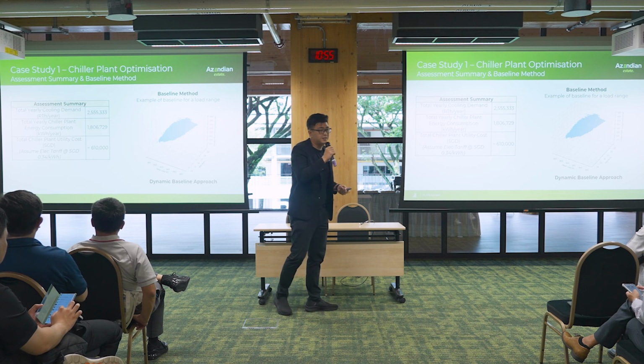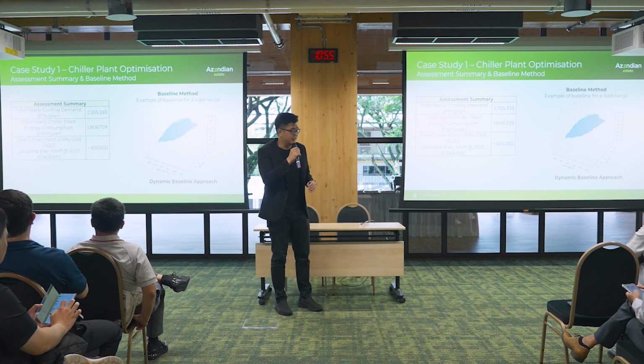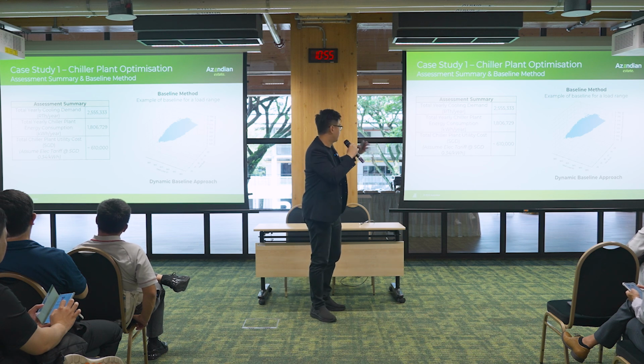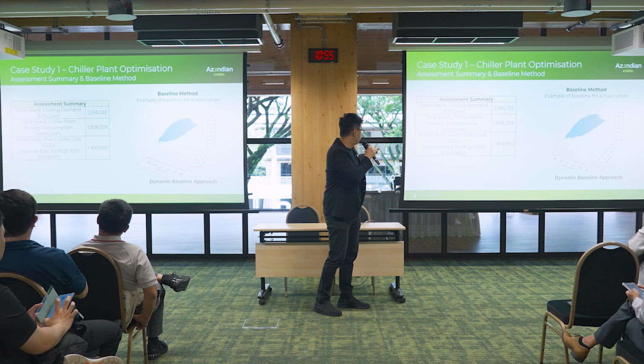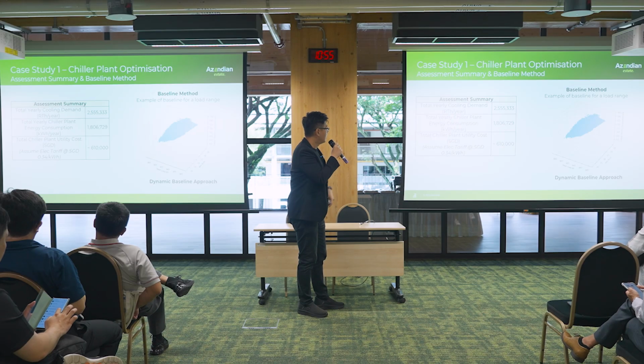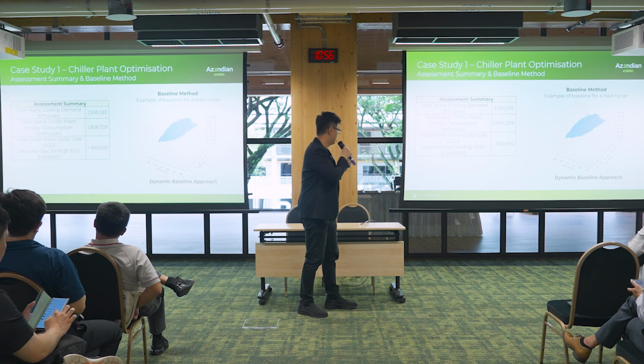Okay, so the first step, like what Bill has mentioned, before we start working on something is of course we need to run the assessment, right? So the table on the left is a quick summary of the building operating profile. So the building uses a total of 2.5 million ton hours every year, and consumes 1.8 million kilowatt hours per year solely on the chiller plant, right?